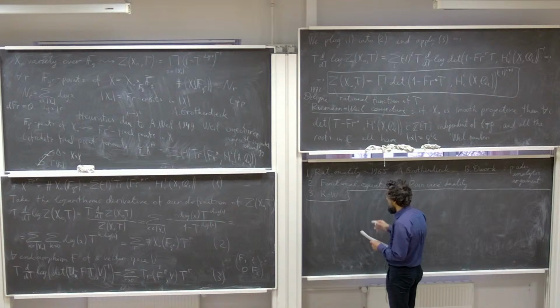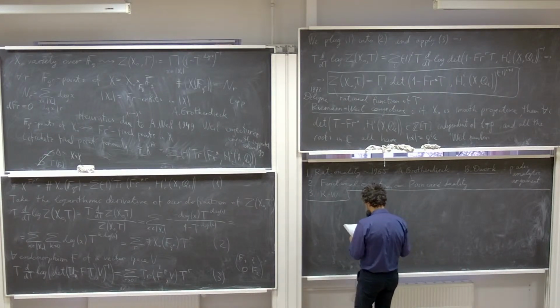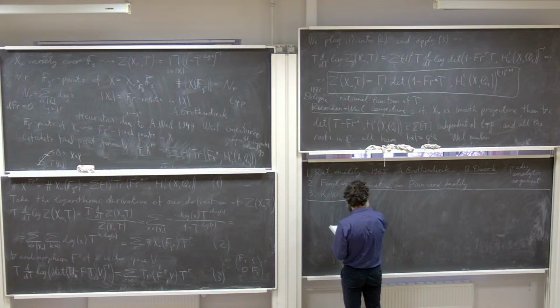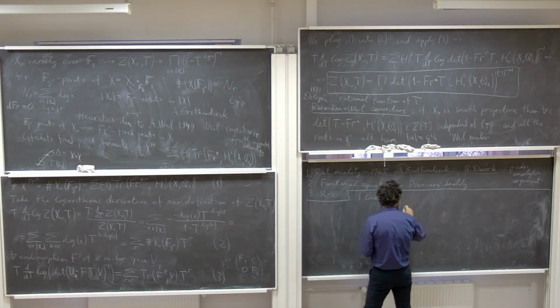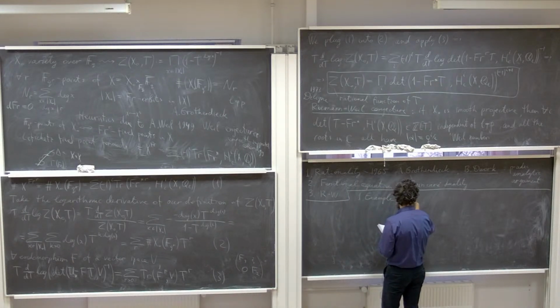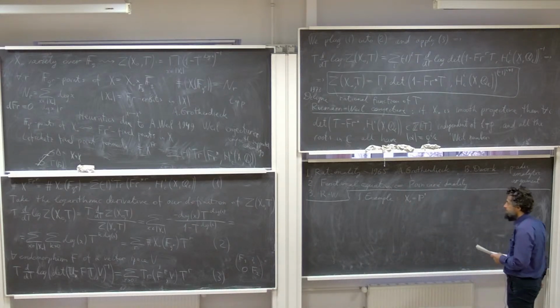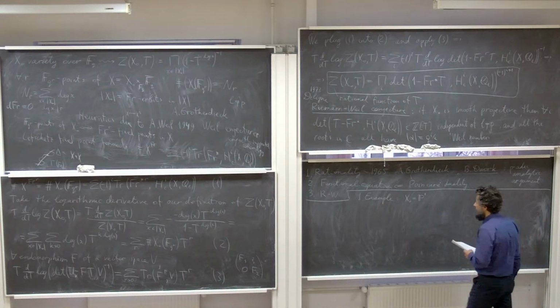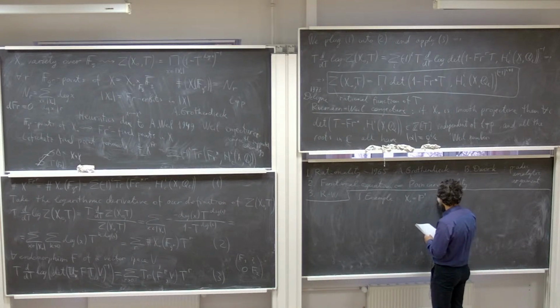But first, let's do some foundations. So maybe let's start with an elementary example, which will not be affine, but X is just the projective line. Okay, so then what do we know?